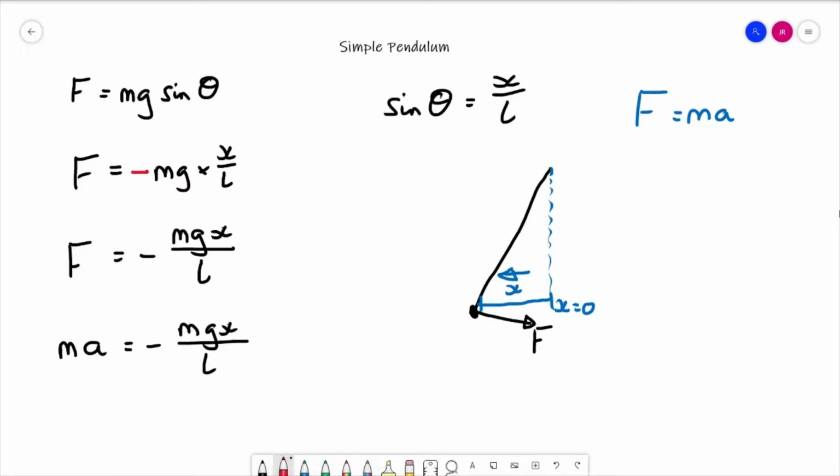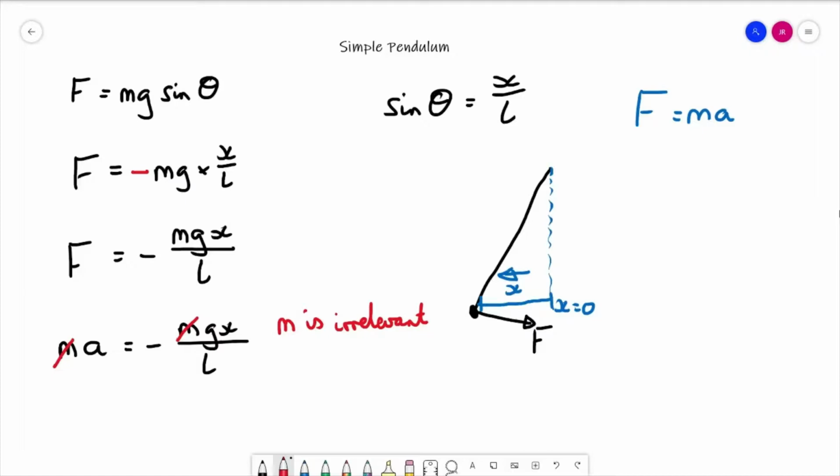The next stage then, we can see that the m's will cancel out. Now normally, especially if we were doing this from a purely maths point of view, we just cross out those m's and move on, but of course as physicists we need to make sure that we understand why we're doing that. What that means in our derivation is that the mass is irrelevant. In other words, it doesn't matter what the mass of that pendulum bob is.